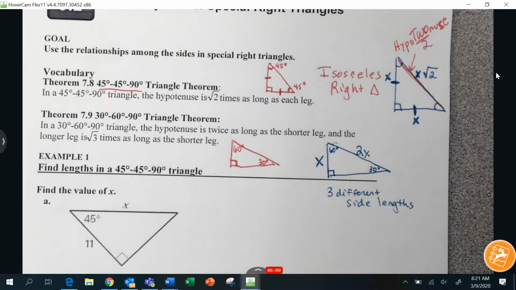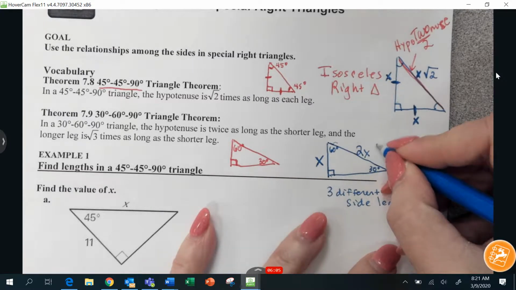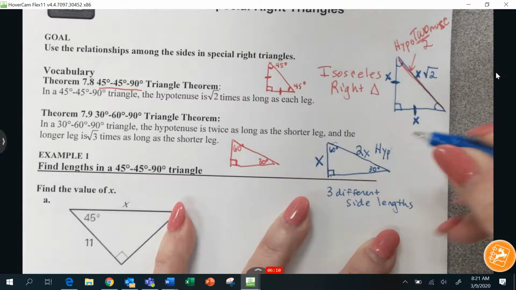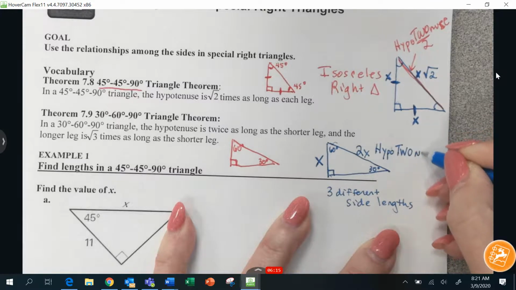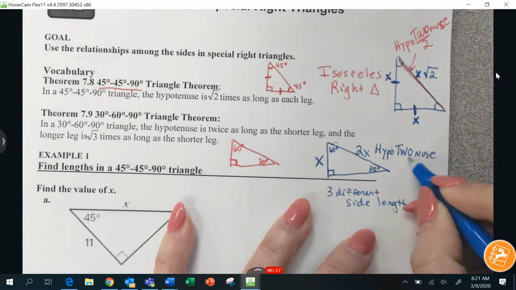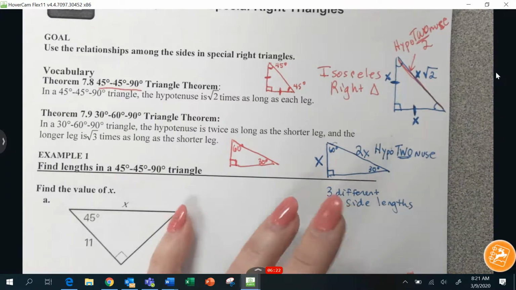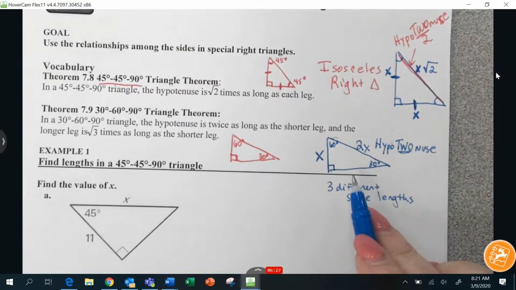So the shortest side, if it's x, then the hypotenuse is 2x. Again, it's the hypotenuse. Get it? See, they both have a 2 in them. Different kinds of 2's, but they both have a 2 in them. The third side of this 30, 60, 90, the one that is across from the 60, it is the medium length side.